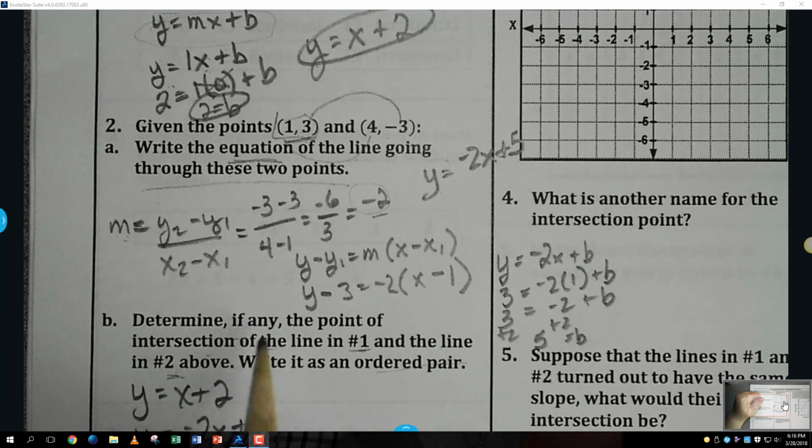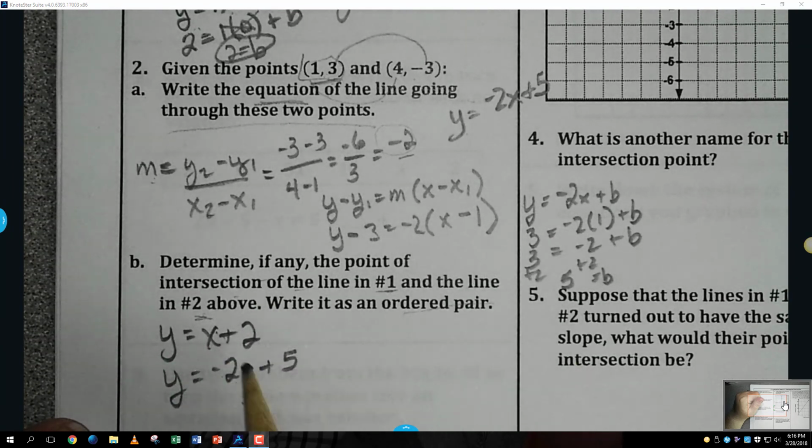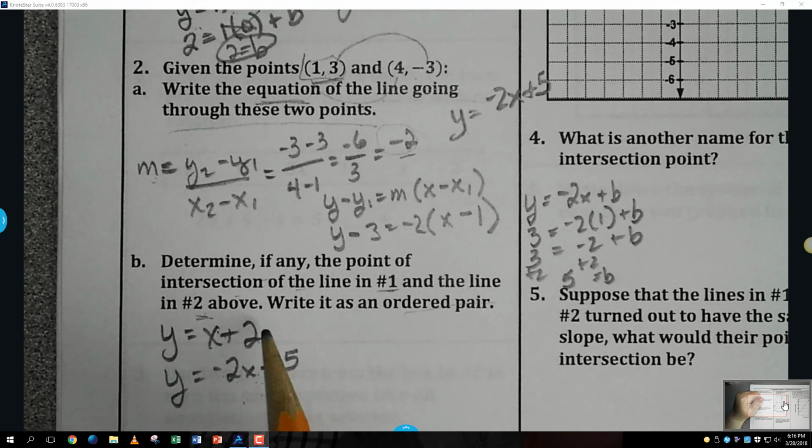What this is asking is if these lines will cross. Basically, it is a system of equations, and they're asking us for the point of where they cross. So you can graph them, right? You can use substitution, or you can use elimination. This is one of those times where it says y equals and y equals.